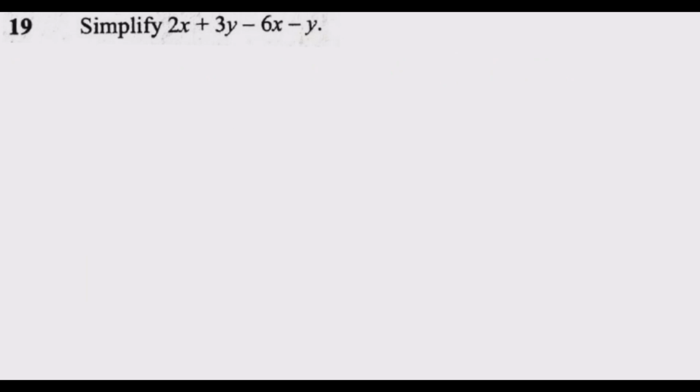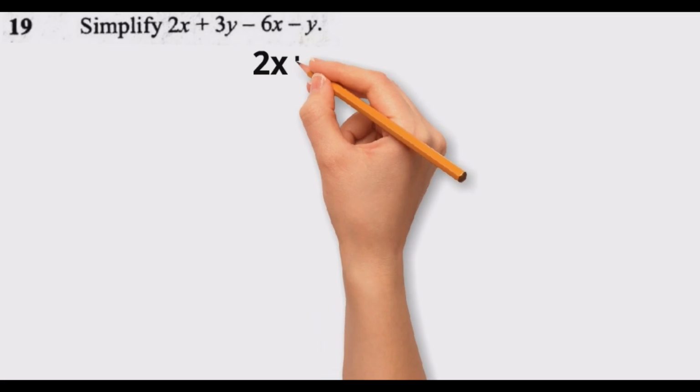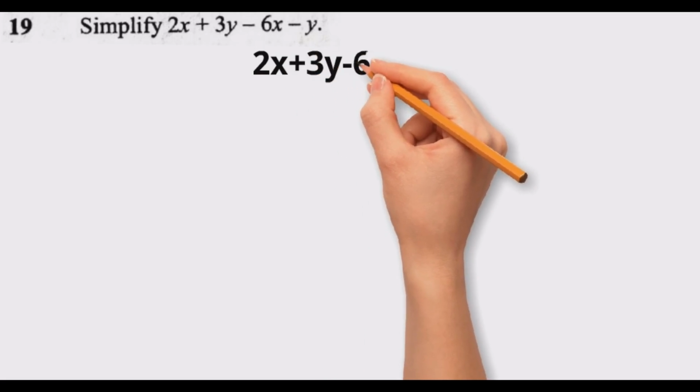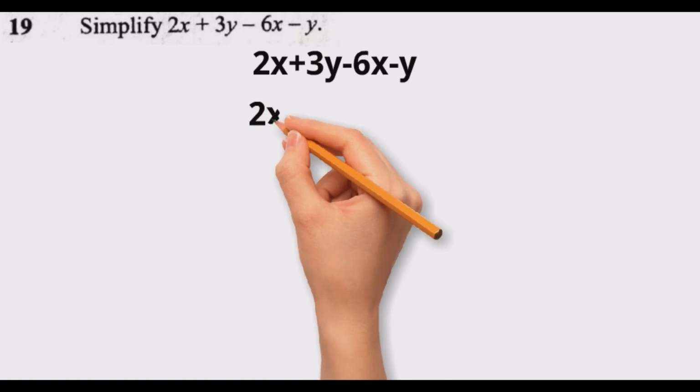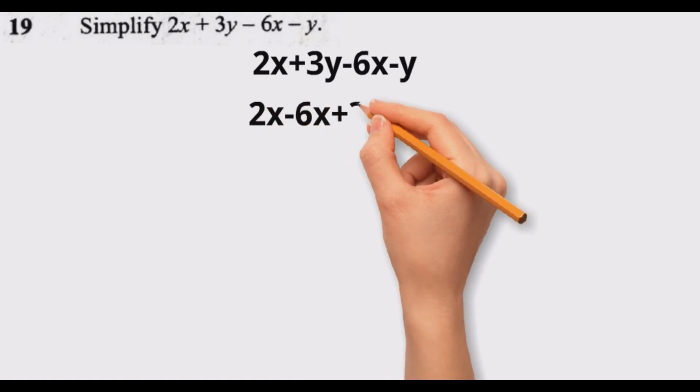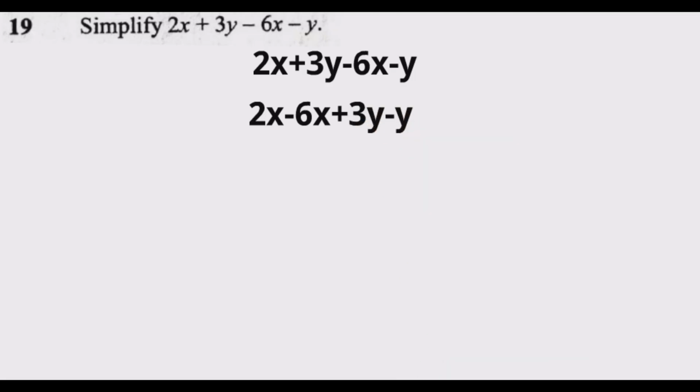Question 19 is: simplify 2x plus 3y minus 6x minus y. So we collect the like terms, which will be 2x minus 6x plus 3y minus y. So 2x minus 6x is negative 4x.